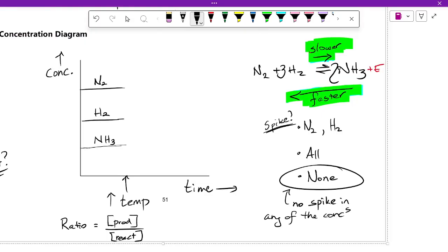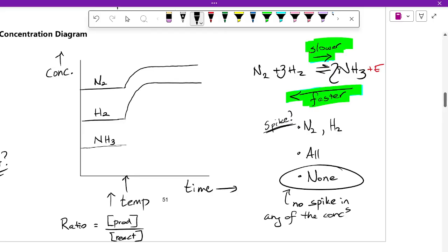So there is no way that you cannot be making N2, and making H2, and using up NH3. So is that correct?